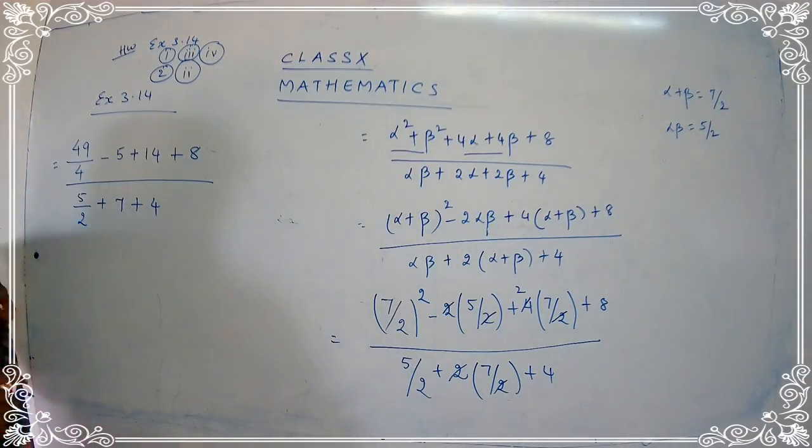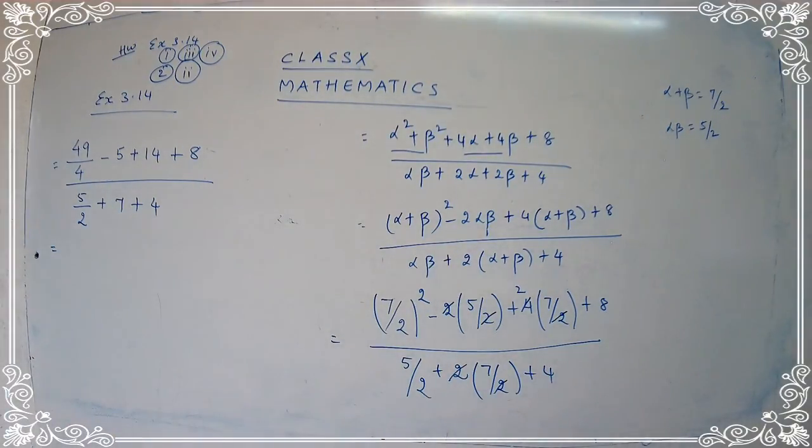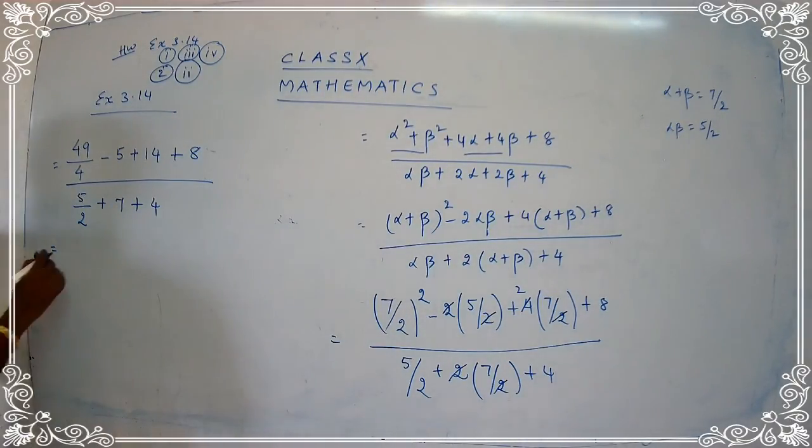Is it clear, children? So we are going very slow, so understand the concept carefully. So 49 upon 4 minus 5 plus 14 plus 8 upon 5 plus 2 plus 7 plus 4. So let's simplify, children. So this is 49 upon 4. I'll keep it as it is.